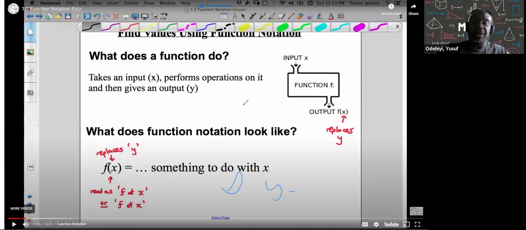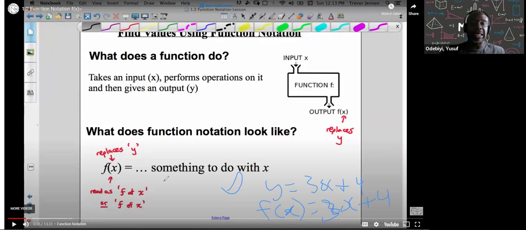Okay, y is equal to, I don't know, 3x plus 4. Instead of writing like that, we write function notation, we replace the y, and we'll say f of x is equal to 3x plus 4. You replace, like it says there, you replace the y with f of x.